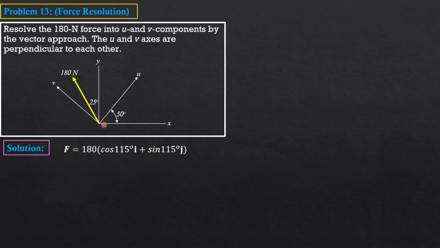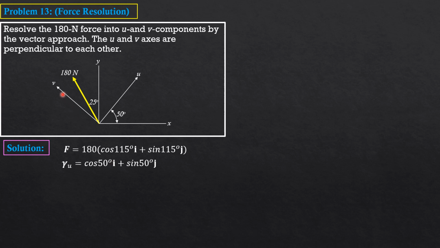While the unit vector of the U direction, which makes an angle of 50 degrees counterclockwise with the x-axis, is simply lambda U, equal to cosine 50 degrees I plus sine 50 degrees J, because it is a unit vector. The magnitude is 1. Then for the V direction, because U and V are perpendicular to each other, 50 degrees plus 90 is 140 degrees.